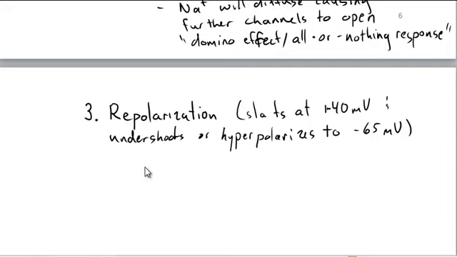So how does it do this repolarization? Luckily, that's where the potassium comes in.